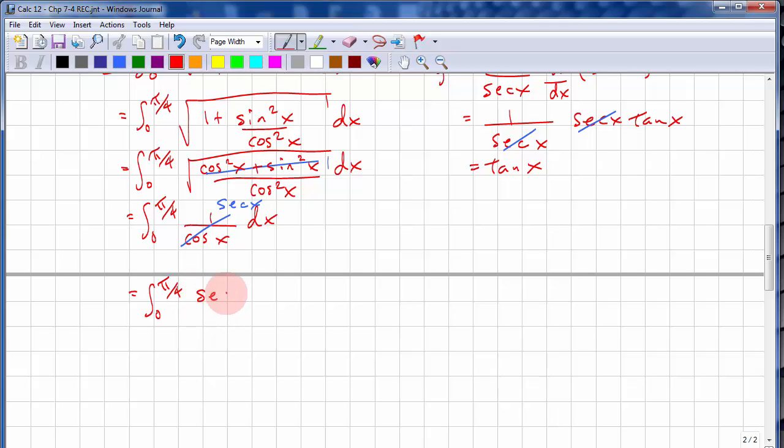And that trick is to multiply by 1. So secant x plus tan x is our 1. This is not obvious.